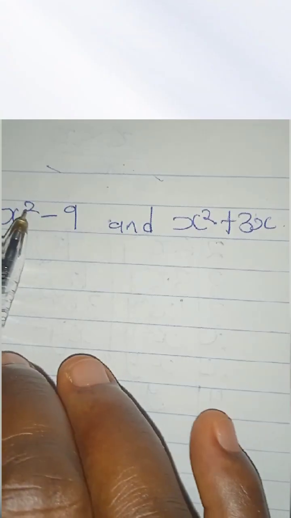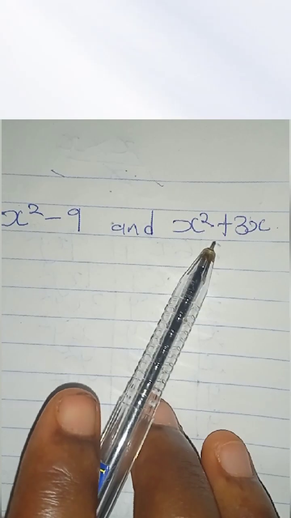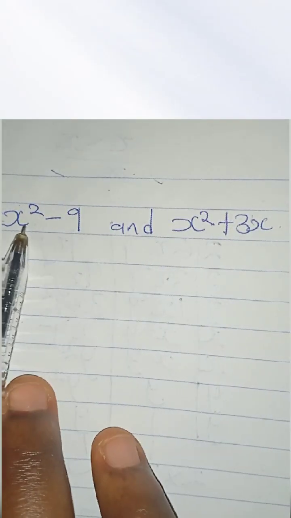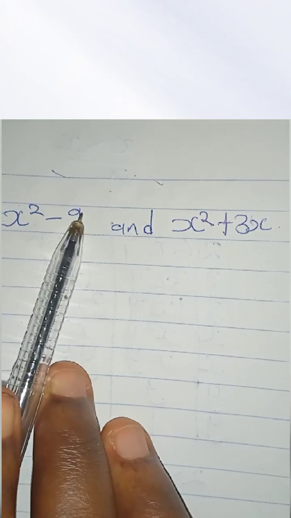Now look at this. Find the LCM of s squared minus 9 and s squared plus 3s. This one is one expression, this is another expression. When you look at this, s squared minus 9 can be written as s squared minus 3 squared.